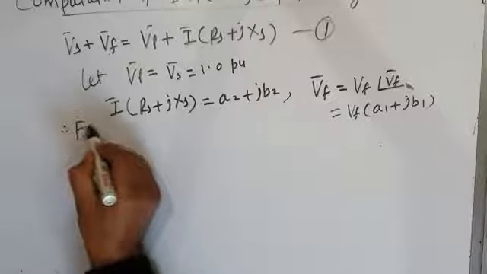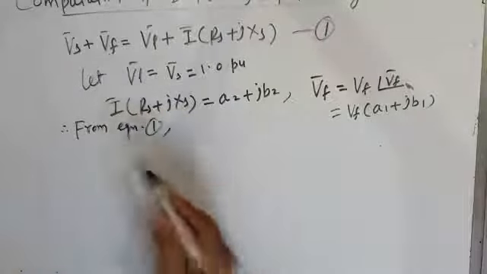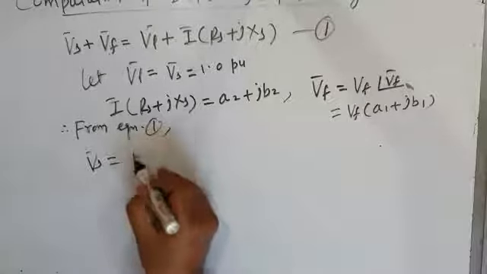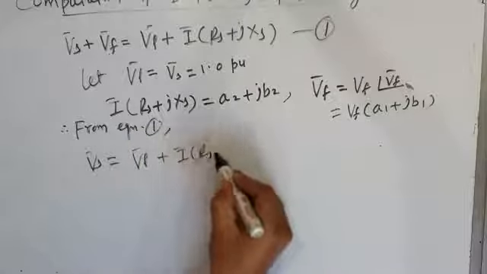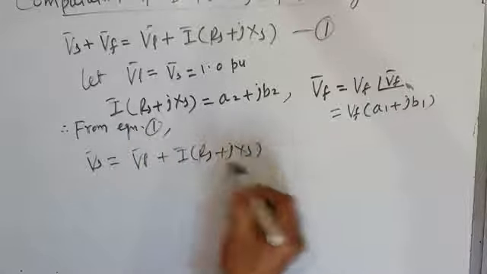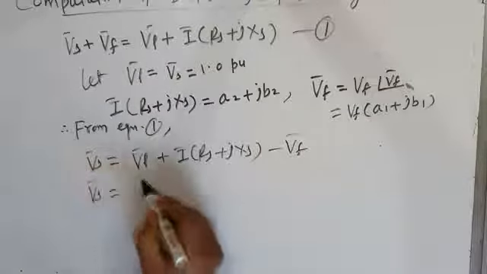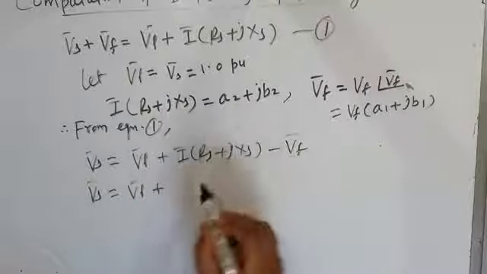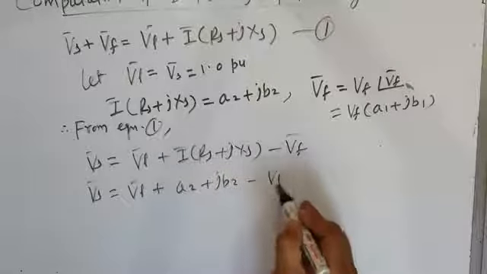So from equation 1 we can write Vs is equal to VL plus I into Rs plus Jxs minus Vf. So Vs is equal to VL plus, what is I into Rs plus Jxs? It is A2 plus JB2 minus Vf.